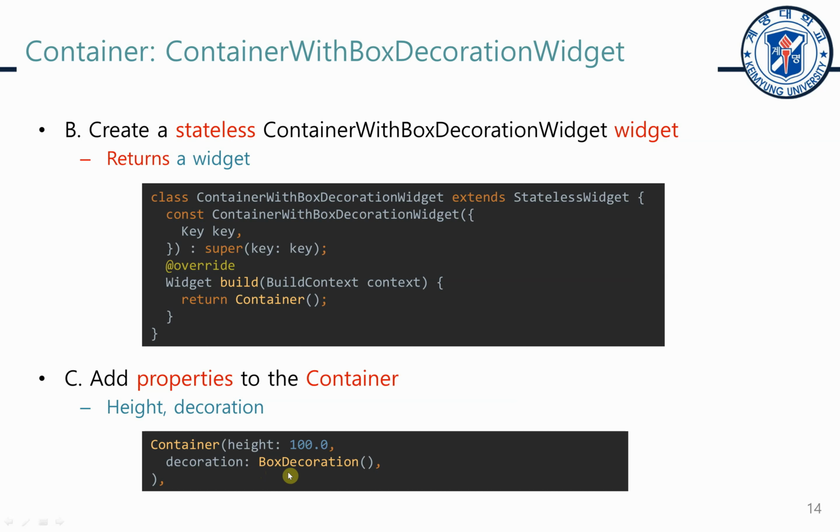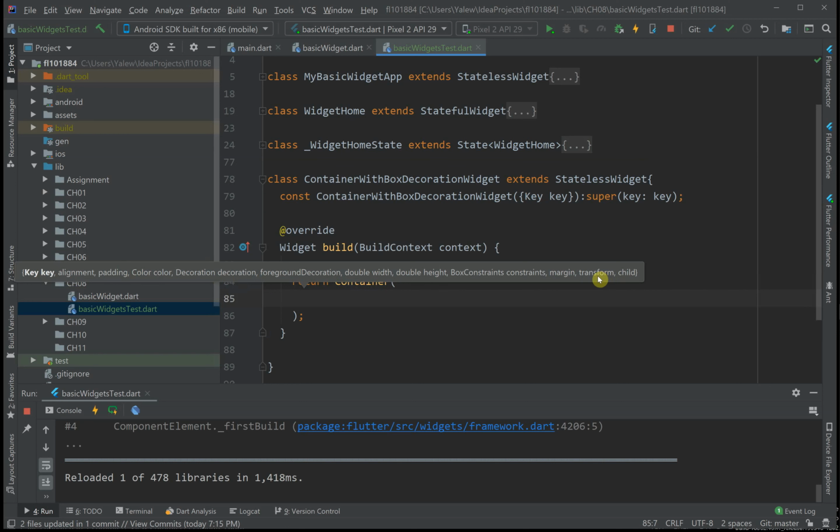And this container has properties. So you can see all the things that I can do to this container. It has a child, it has margin, it has transform, lots of properties for this container. So I'm now demonstrating the container widget, which is a basic layout widget. Now I want the decoration property, and the decoration property can be set by box decoration.